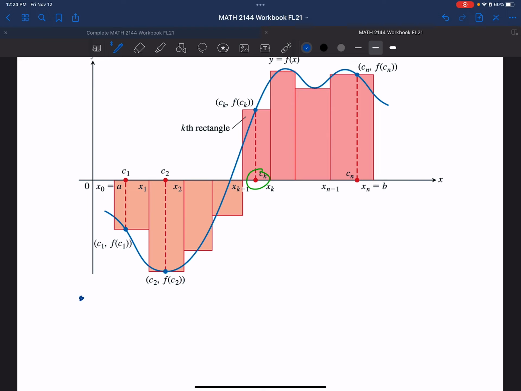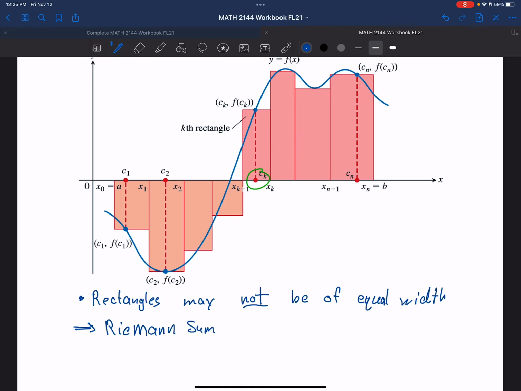Notice that the rectangles may not be of equal width. And we'll explore this idea a little bit more. But with this idea, we get what is known as the Riemann sum.